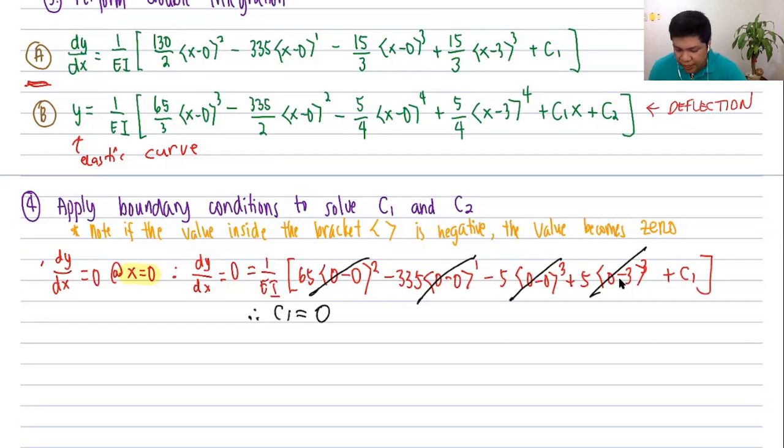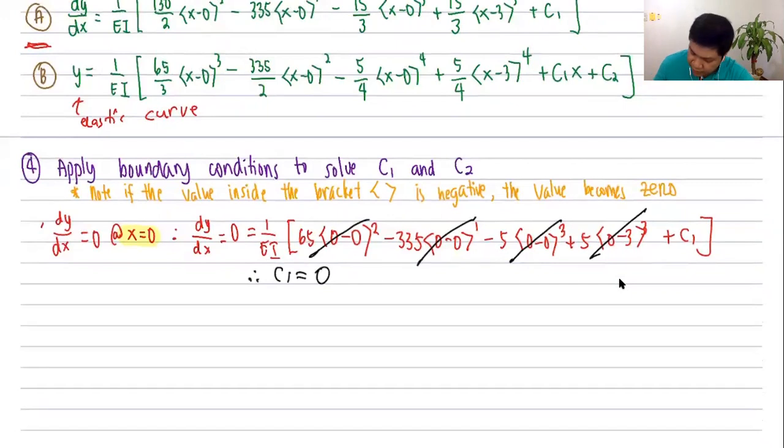Next, what's the next boundary condition? That's a fixed support. Aside from the slope being equal to 0, I can say that the deflection is also equal to 0, still at x equal to 0, where you have a support reaction. So y is equal to 0. I now use equation B because I'm solving for the deflection.